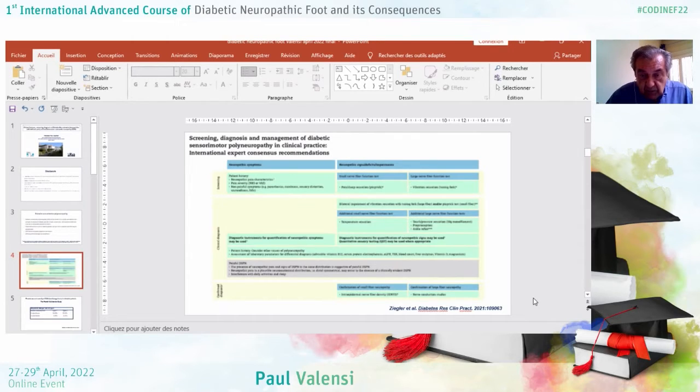which may concern small fibers, including loss of sensation using pinprick tests, and also loss of temperature sensation.